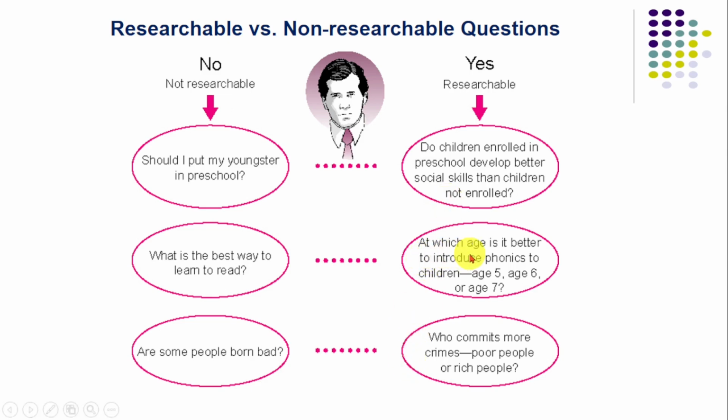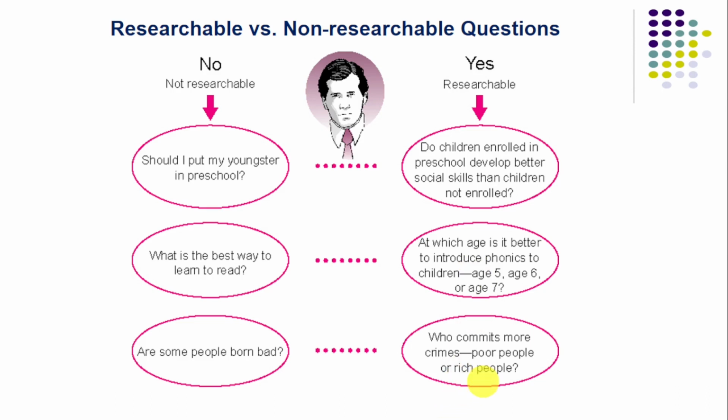Next, at what age is it better to introduce phonics to children? For example, age 5, age 6 and age 7. In this research, we will start phonics at the age of 5, 6 and 7, and then we decide which age is better.